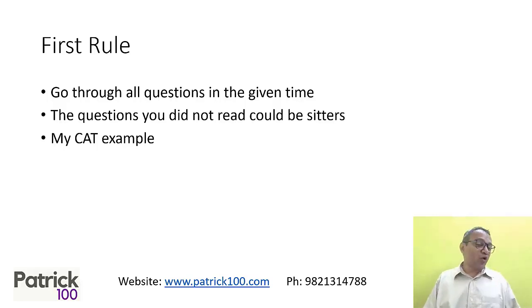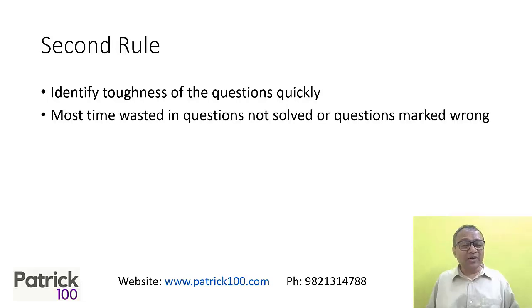You'll use this when you're forming strategies. Second, you need to be able to identify the toughness of a question quickly. Understand that in the exam, as far as CAT is concerned, what is more important is how fast you leave a question. Remember, most students will leave more questions than they solve, and the time you waste in leaving questions will determine how many questions you solve in the end.